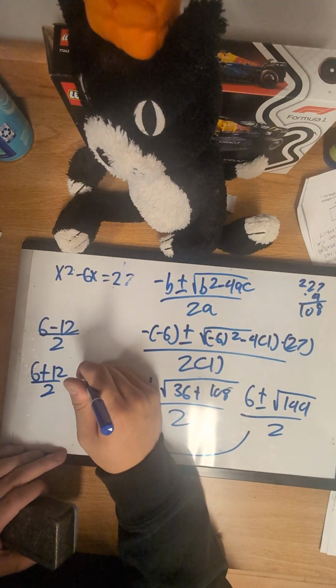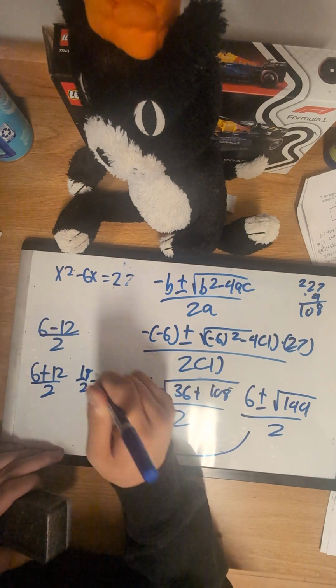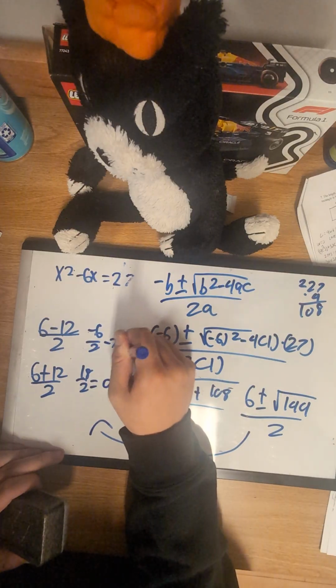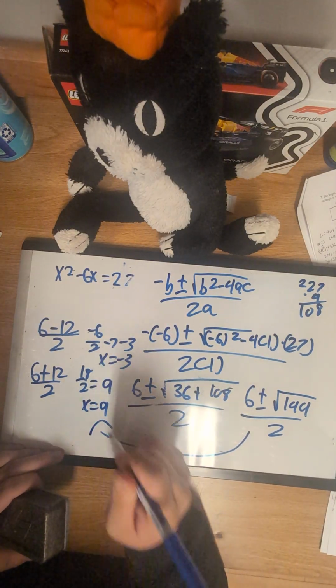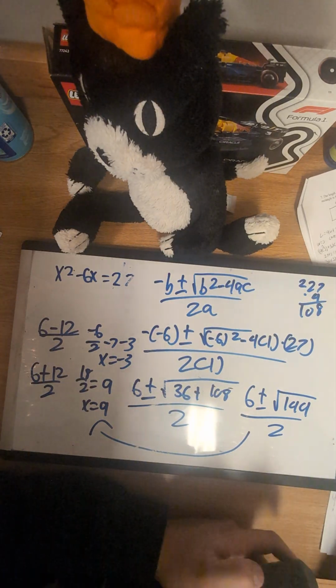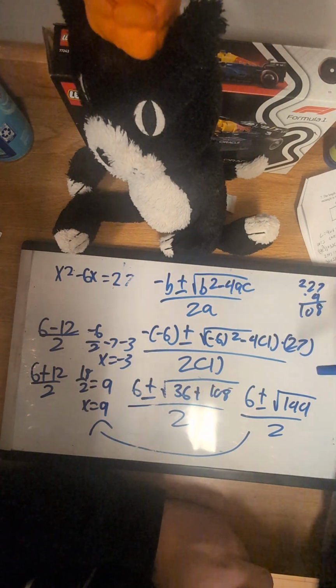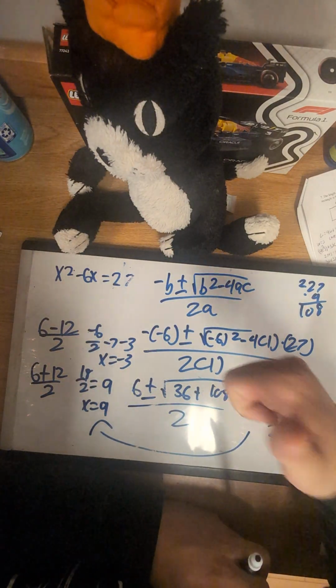So that will give us 18 over 2, which simplifies to 9, or negative 6 over 2, which simplifies to negative 3. And that would be our respective x values. Make sense? You may just plug it in. Make sure you follow the right laws of negatives, integers, stuff like that. And once you get to here, remember how to simplify it to the final step. That's pretty much it. Thanks.